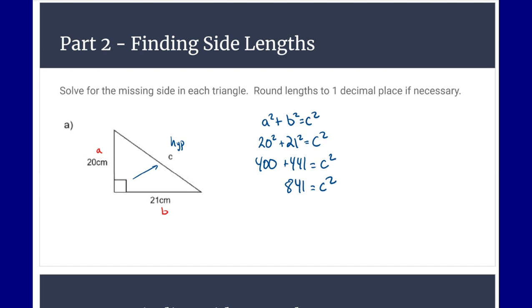We do have to square root both sides to get C by itself. I don't want C squared, I want C. So I have to square root 841, and I get 29 is equal to C. So therefore, my missing side length is 29.